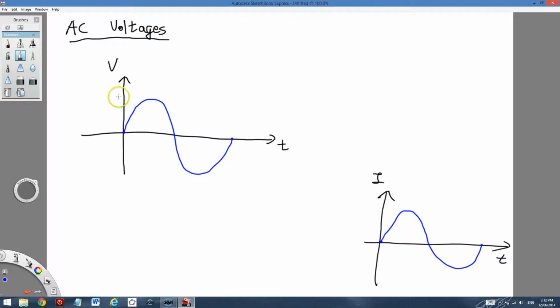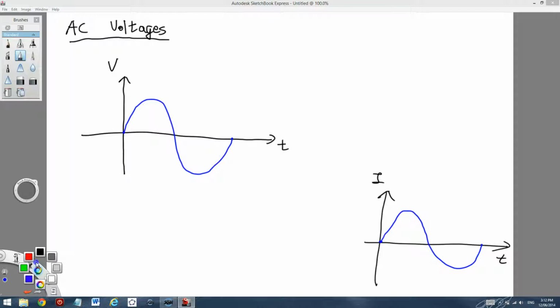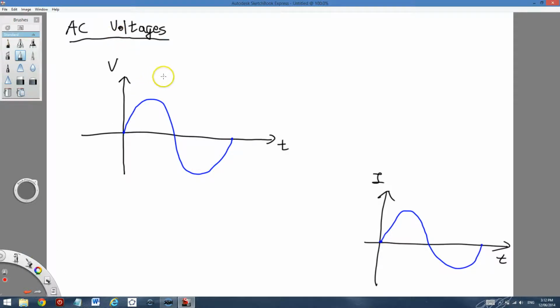But the important thing today is we need to learn how to describe AC current. For DC current, it's easy. If you want to describe a current or voltage, we can say we have a DC current of, say, 20 volts or 250 volts and 5 amps.